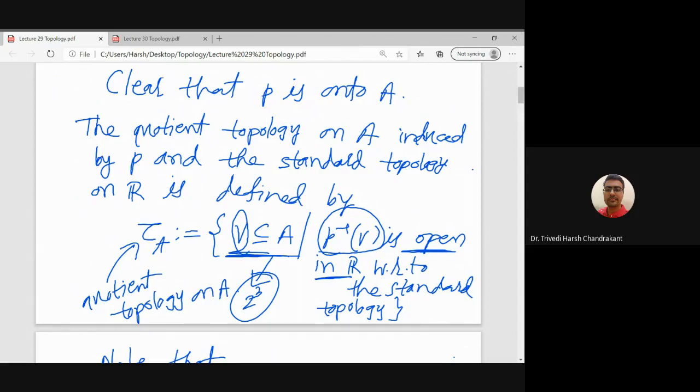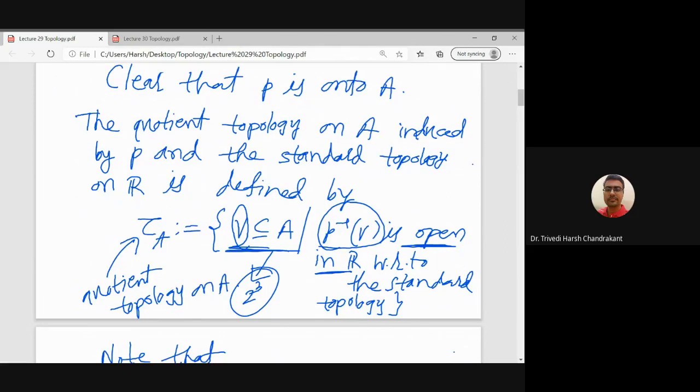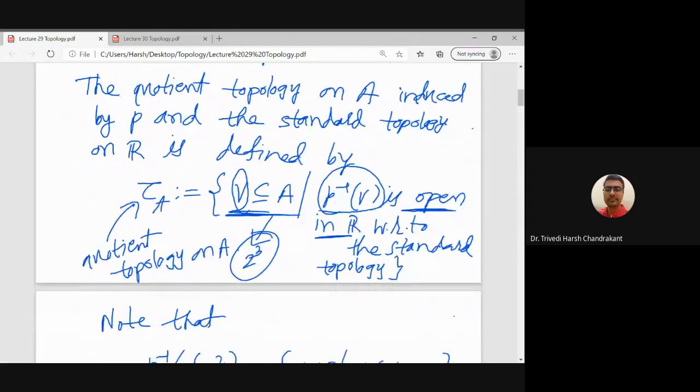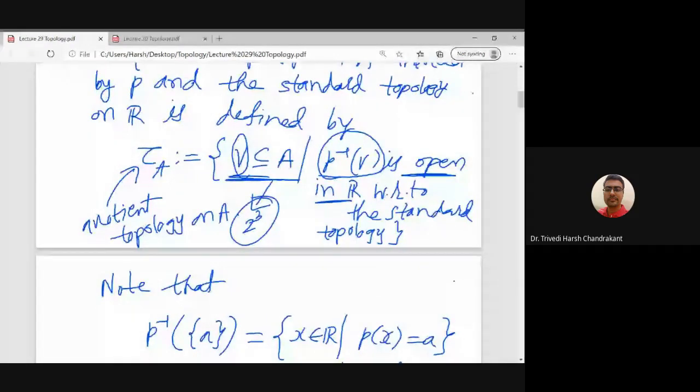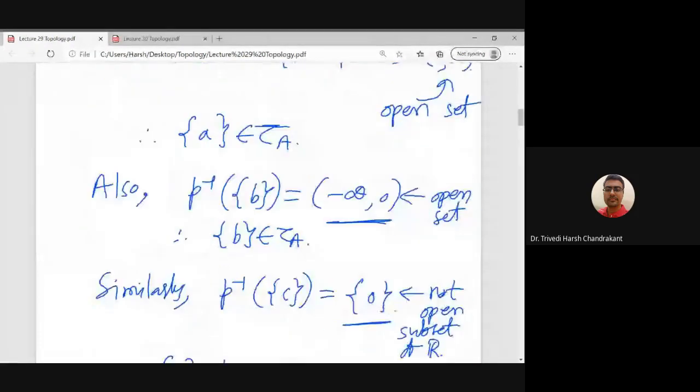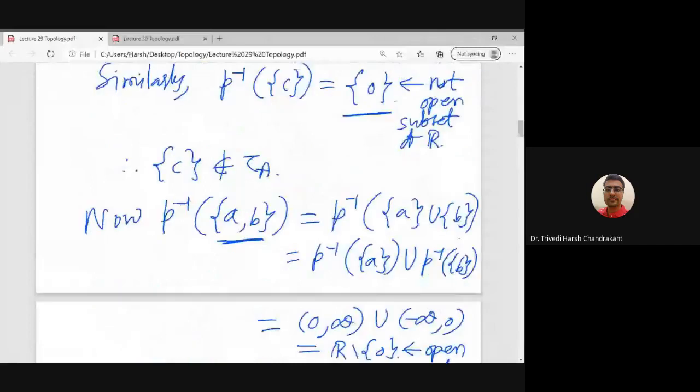So the domain is R with the standard topology. So P inverse V is open in the standard topology. Then we say V is an open subset of the codomain. For this example, since P takes only 3 values, the codomain A has 3 elements, so there are 2 power 3 subsets, and for all the subsets we found the inverse image and checked whether it is open or not.